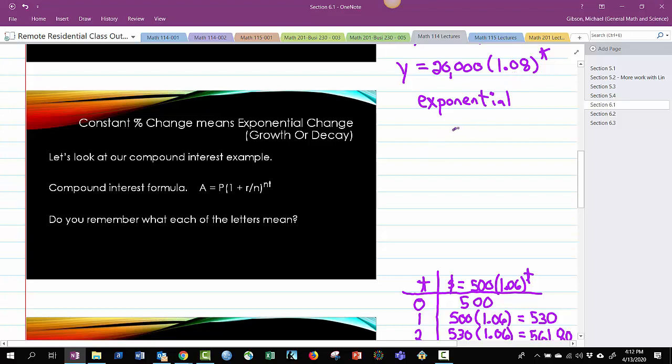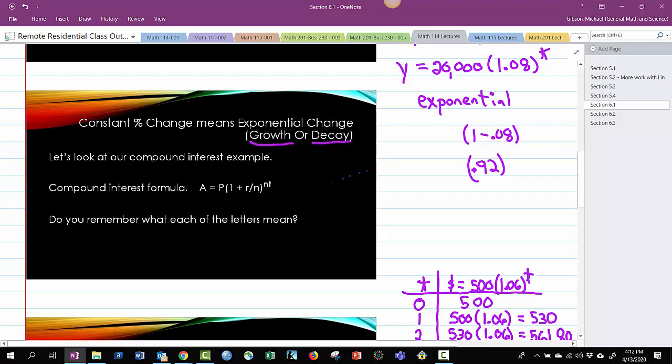Remember, if it was going down by 8%, you would subtract the 0.08 in the factor, so your factor would become 0.92. This would be the factor you use if you're going to decrease by 8% per year. So if the factor is bigger than 1, you get growth. If the factor is between 0 and 1, you get decay.